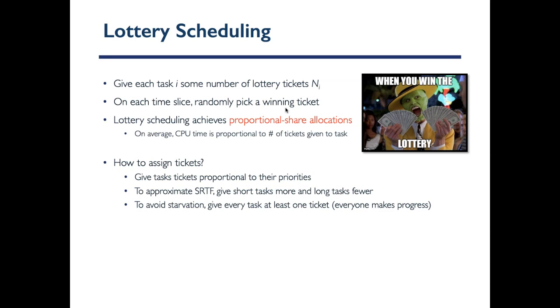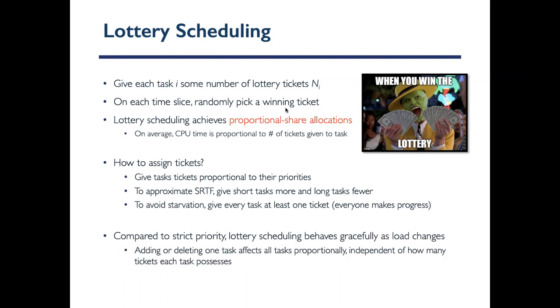Well, you could do it proportionally to priorities. You could do it if, for instance, you care about response time, you can give more tickets to short tasks and fewer tickets to long tasks. So there are different ways that you can decide how many tickets each task gets.